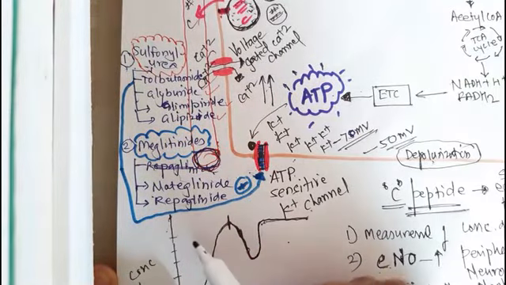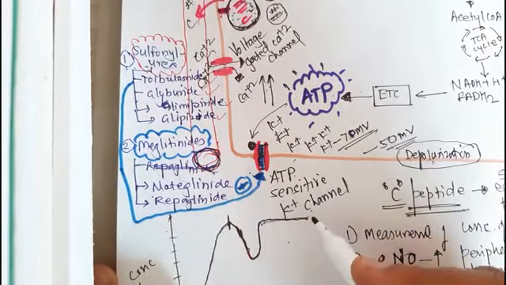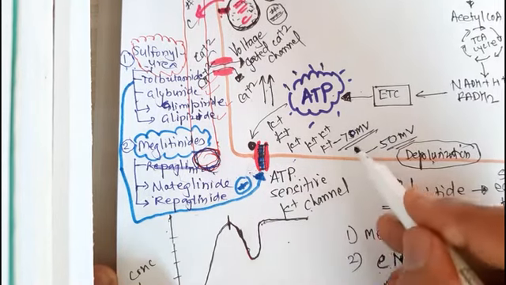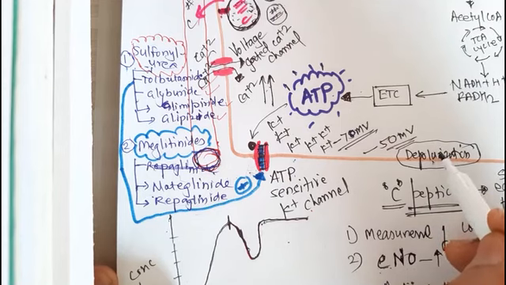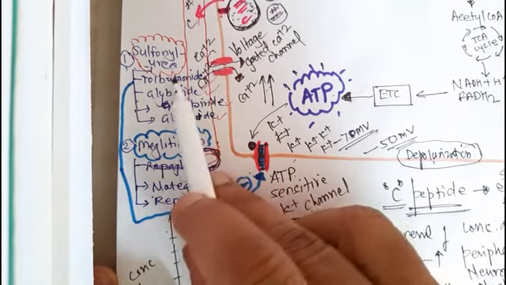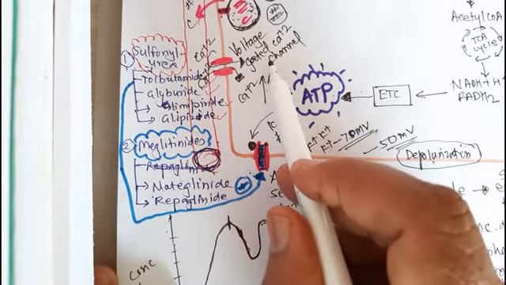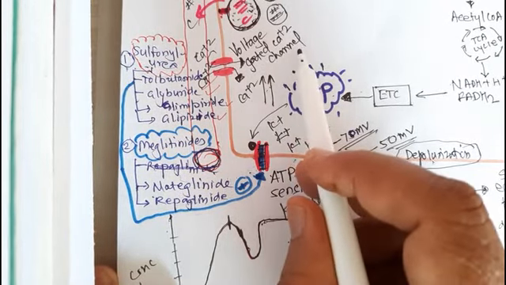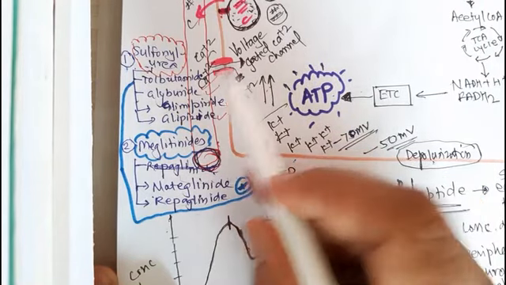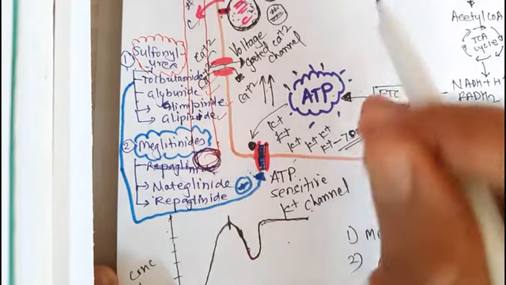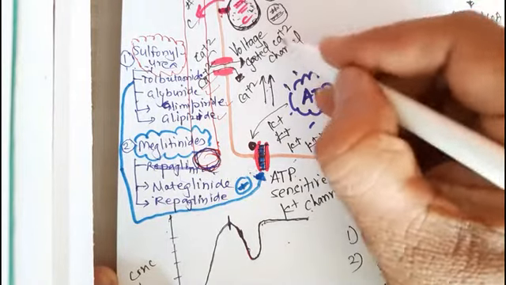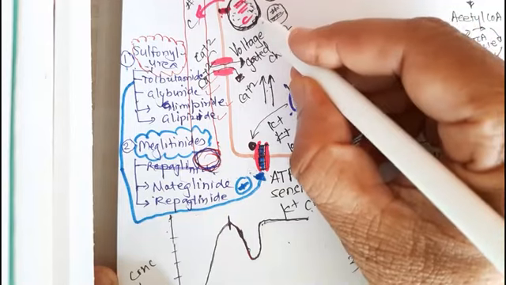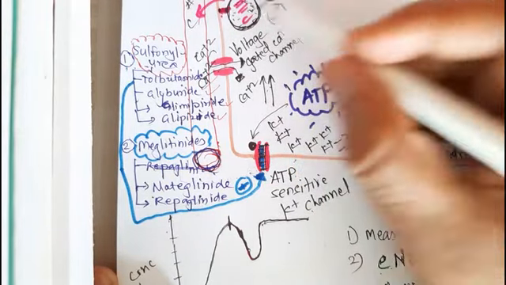Both of them block the potassium channel, and because of the blocking of this potassium channel there is depolarization of the cell membrane. Depolarization causes the entry of calcium ions inside the cell, and the voltage gated calcium channels stay open, so there is an increasing influx of calcium ions in the cell. This increase in calcium ions helps in the secretion of insulin into the circulation.